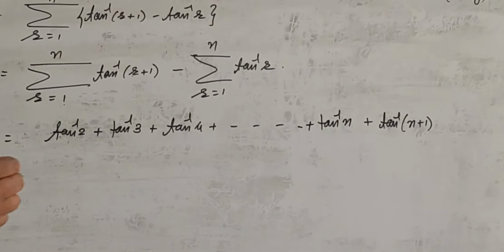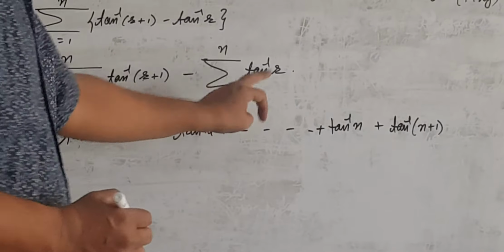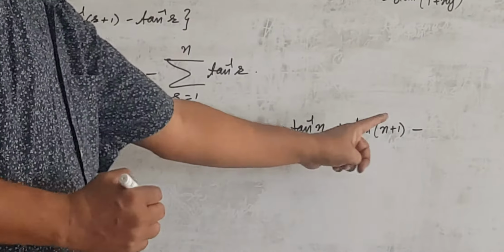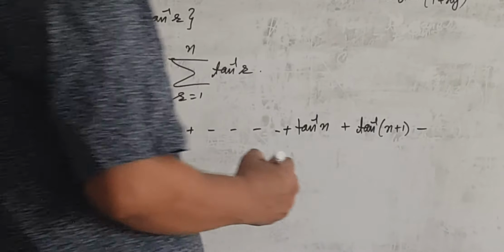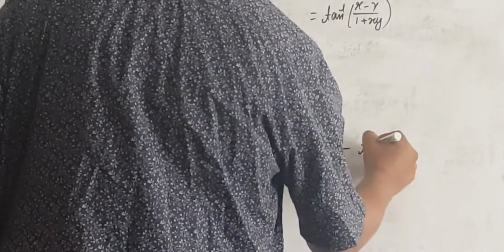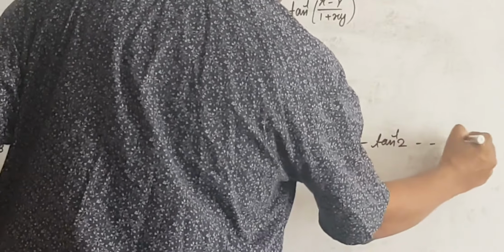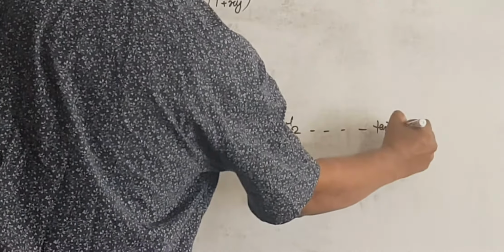Now we keep here minus, and now we keep r is 1 to n. All are positive, but because of this minus sign, all become negative. So first we take r is 1, so tan inverse 1 minus tan inverse 2 up to minus tan inverse n.